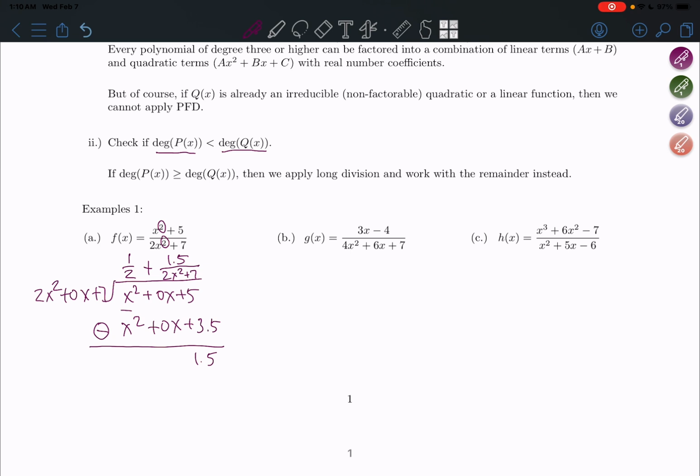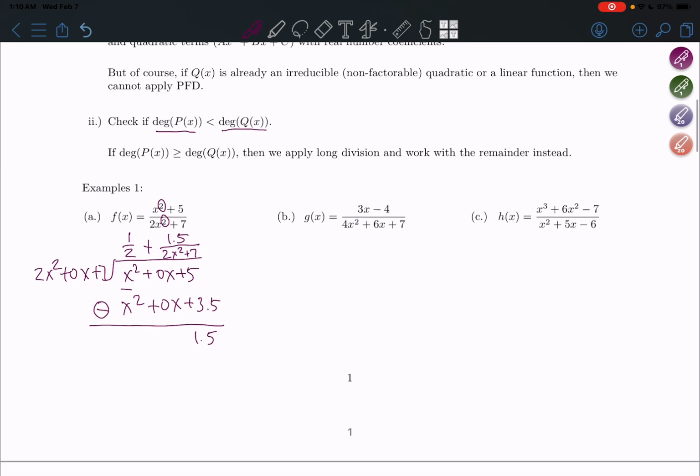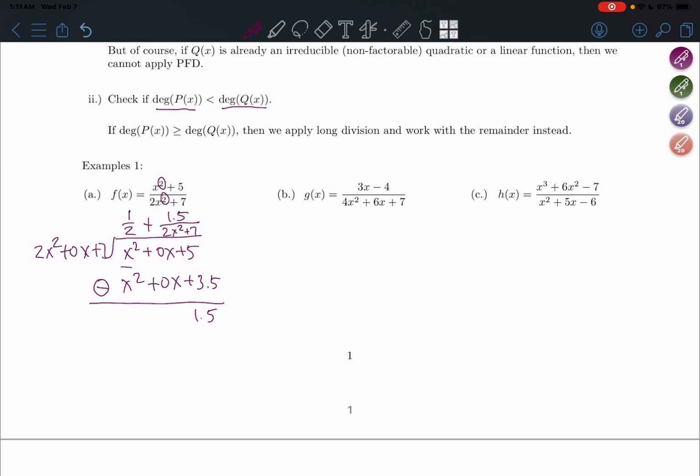It's 1.5 over the divisor. So after long division, you're going to get 1/2 plus 1.5 over 2x squared plus 7. And now the remainder portion is something that we can potentially apply partial fraction decomposition on.